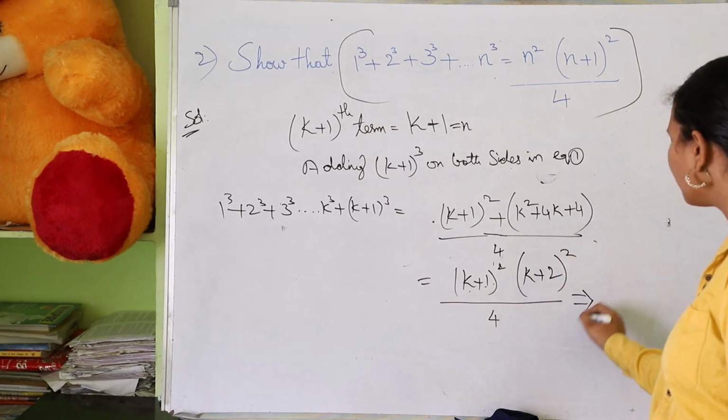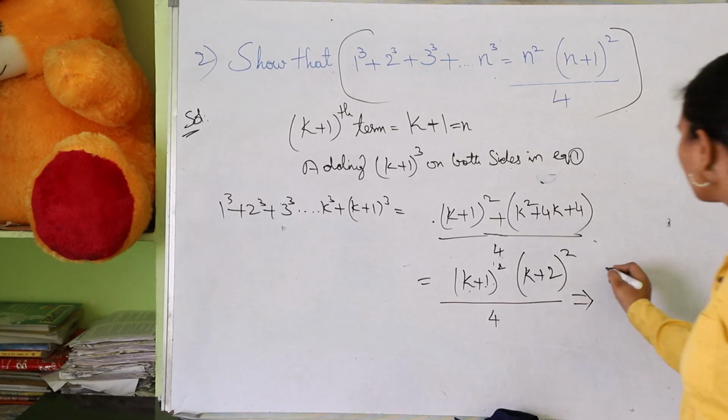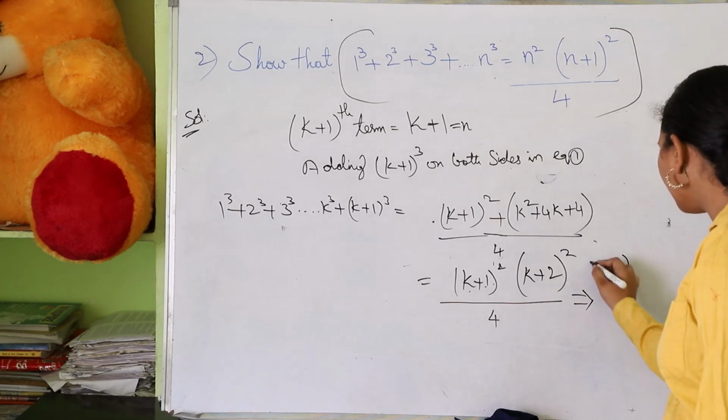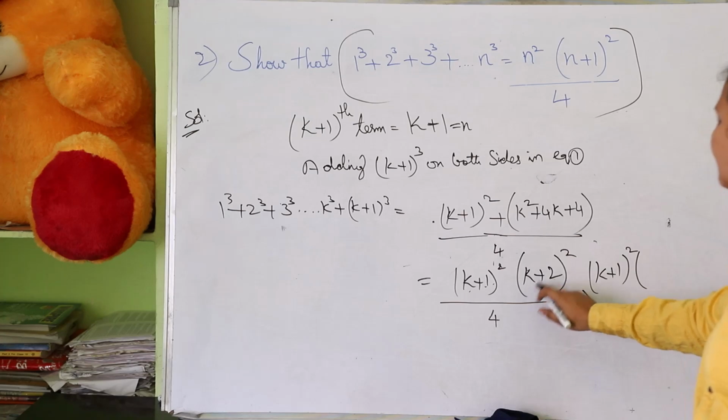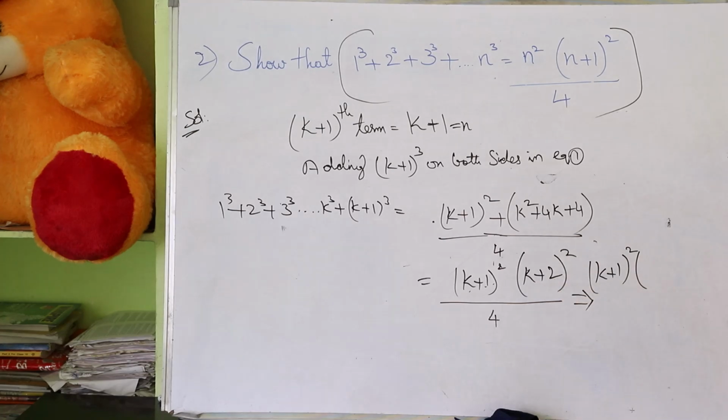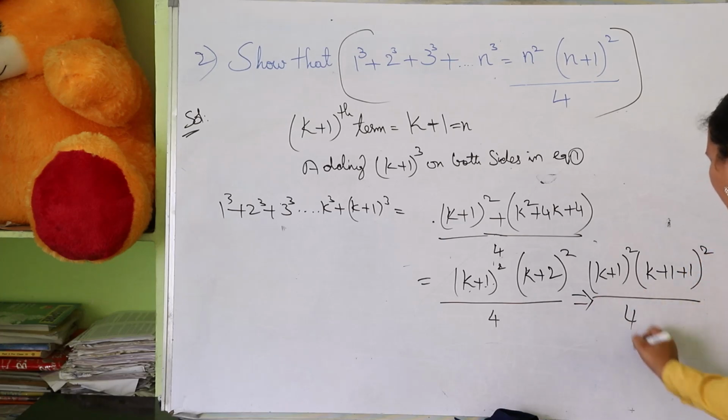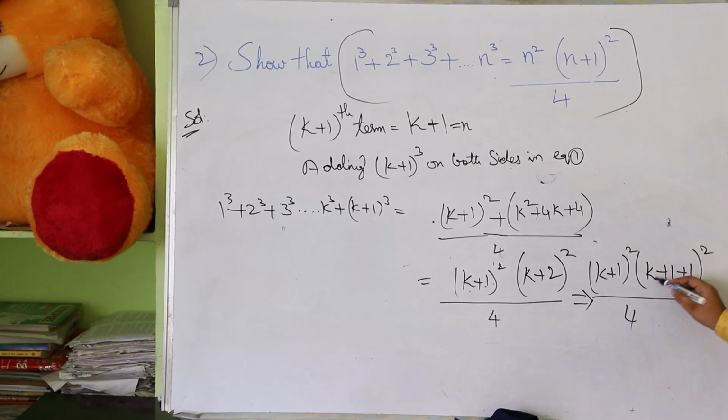So what you do? You go for another step, the extra step. Write k plus 1 whole square as it is. Now k plus 2 can be written as k plus 1 plus 1, since 1 plus 1 is 2, right? Where k plus 1 is the n value, so n plus 1 whole square by 4.